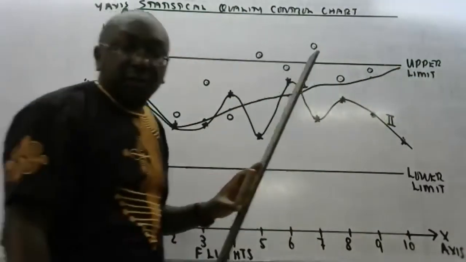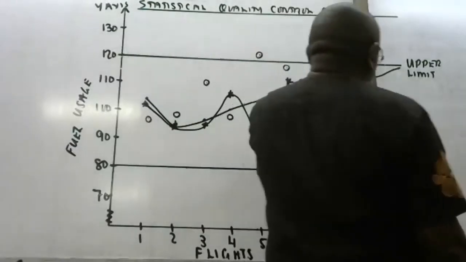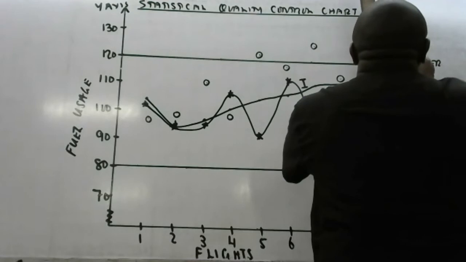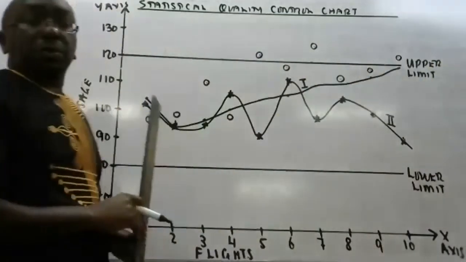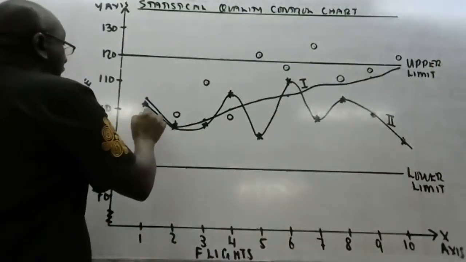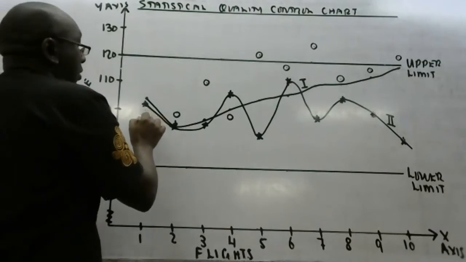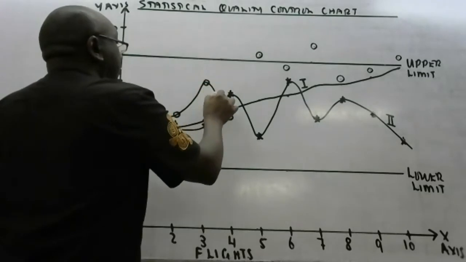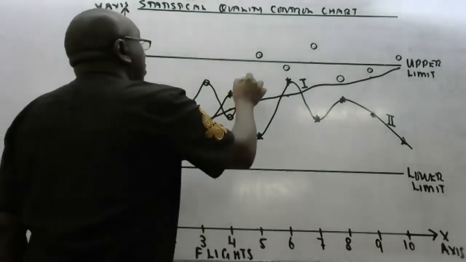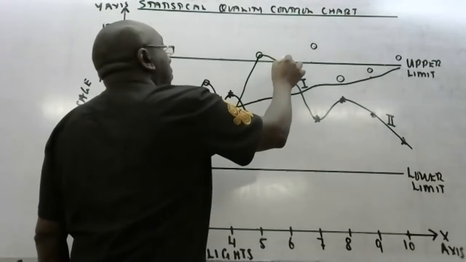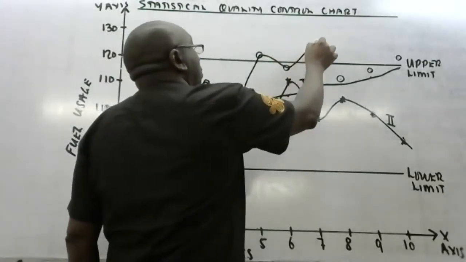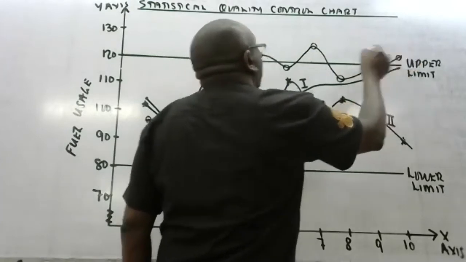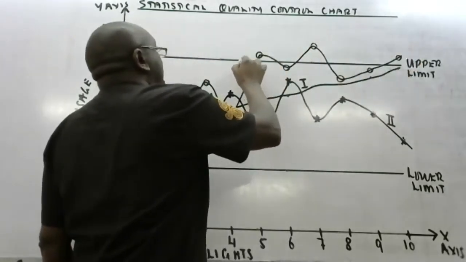And then I have 123. So now I join my points using a very free hand. And this one is skyline 3.